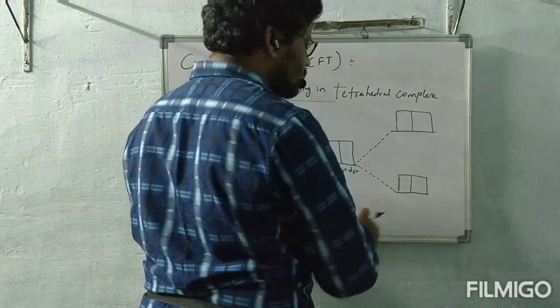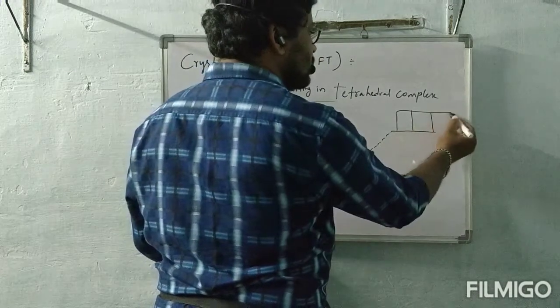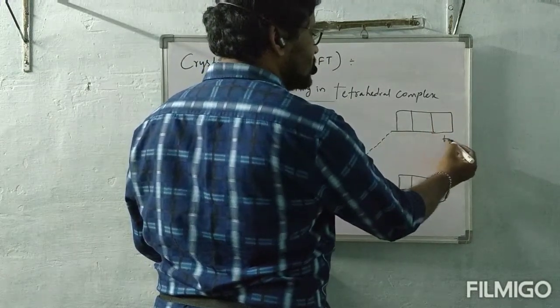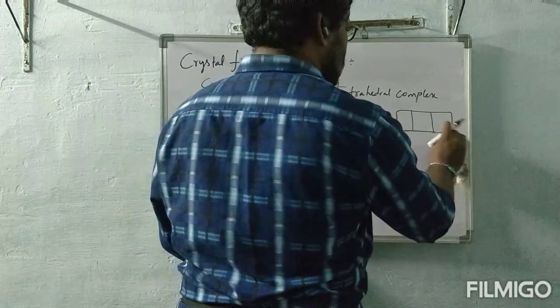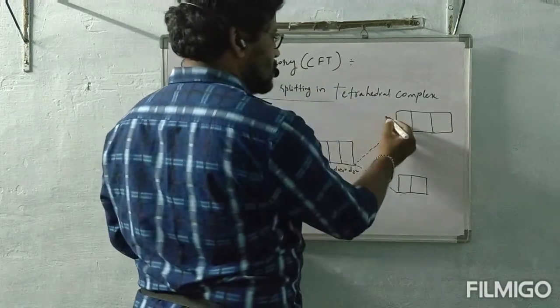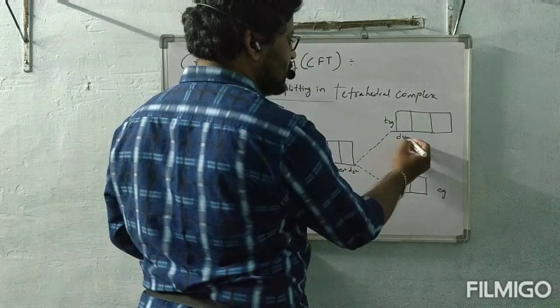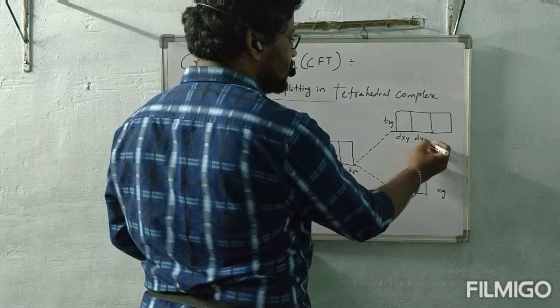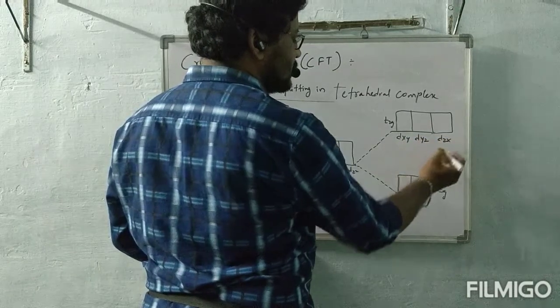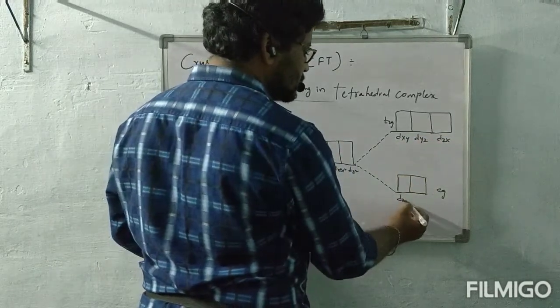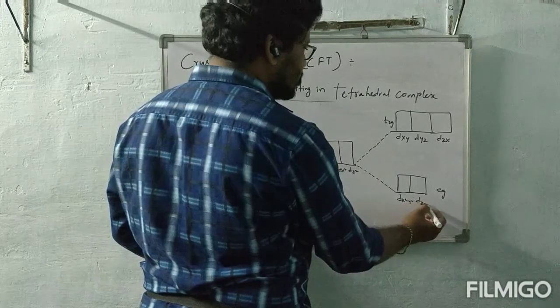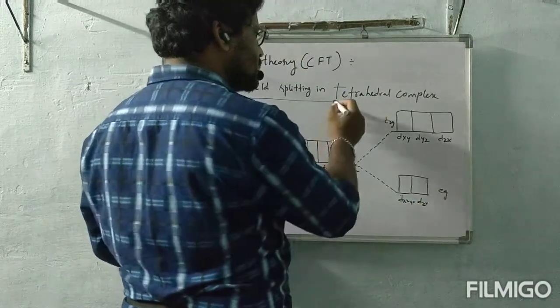Below we have 2 d orbitals, above we have 3 d orbitals. This is the T2g set and this is the Eg set. This is dxy, dyz, dzx, and this is dx square y square, dz square. This is in the tetrahedral complex.